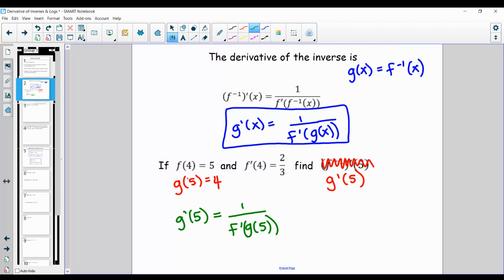Because I switched those points around, the 4, 5 to 5, 4, I can fill in this information. I'm going to get 1 over f prime of, well, g of 5 is 4. I now know what f prime of 4 is, that's 2/3. So I'm going to have 1 over 2/3, which is just going to equal 3/2.